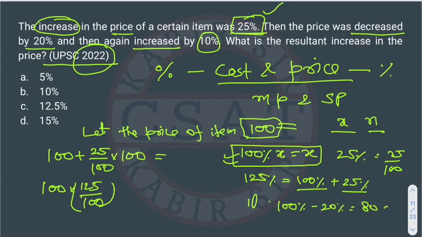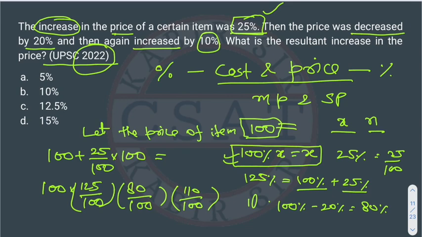So this will be 80%. So here we are writing directly 80%. Okay, and then the price got increased by 10%. So as we discussed here, we will write 110, right?